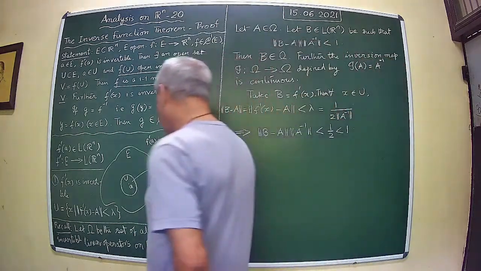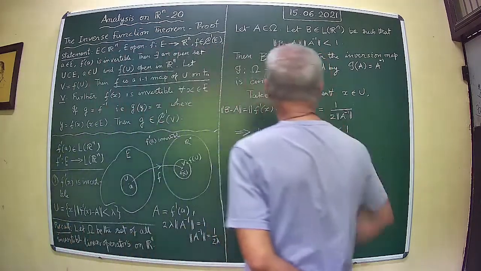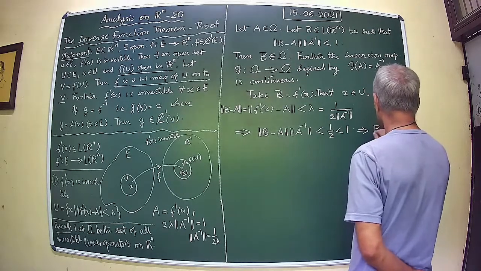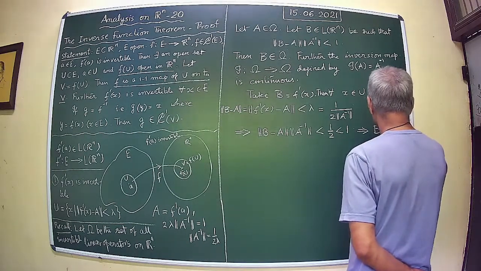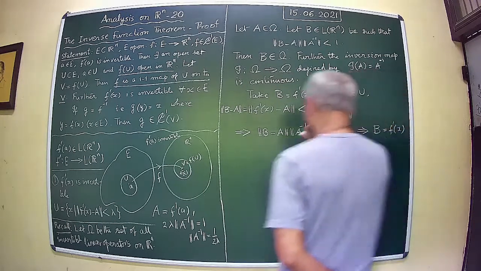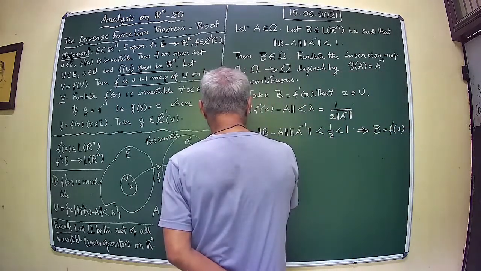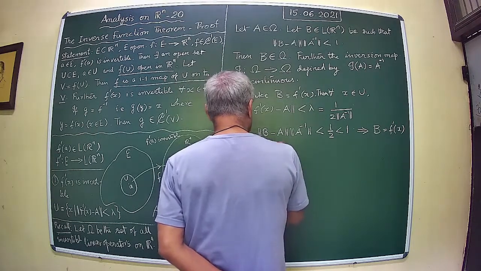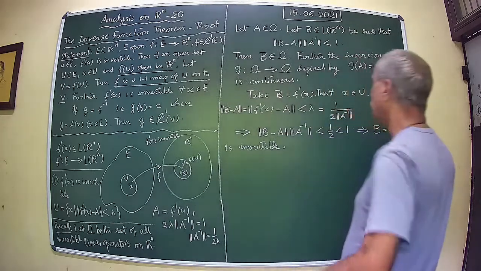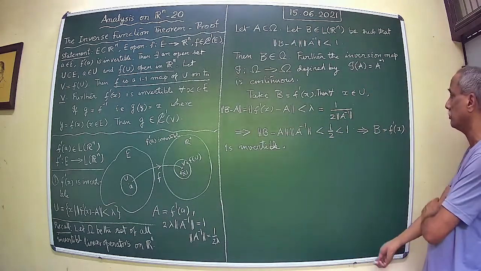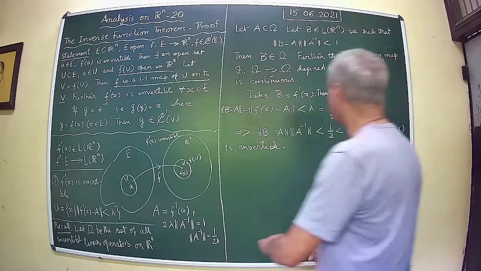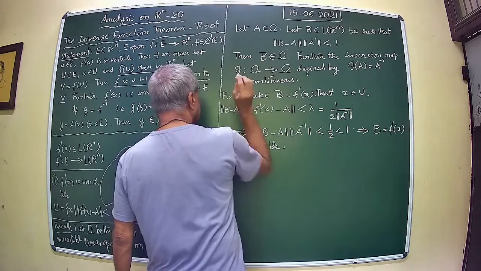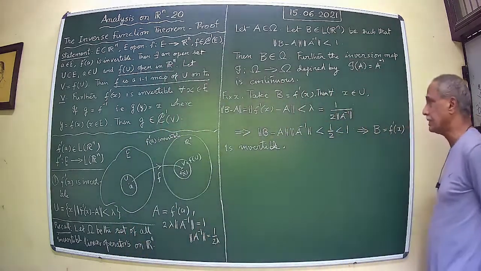Therefore, the conditions of this theorem are valid, which implies B is invertible. Fix x, take this.